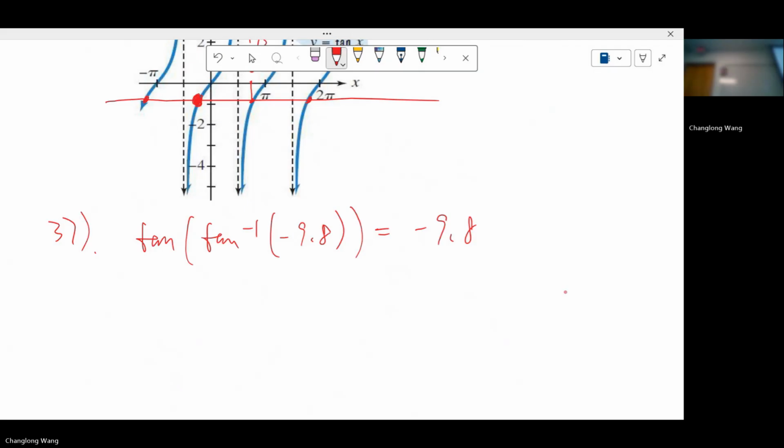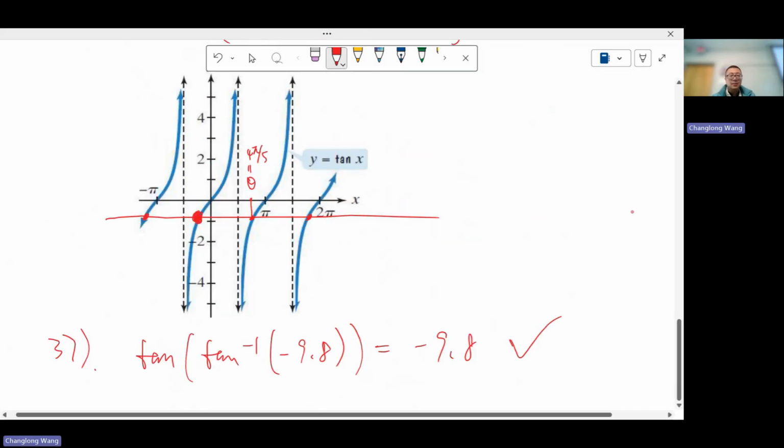Yes. What is the range of a tangent? The graph is right there. So that means this is correct. Your initial guess is correct.